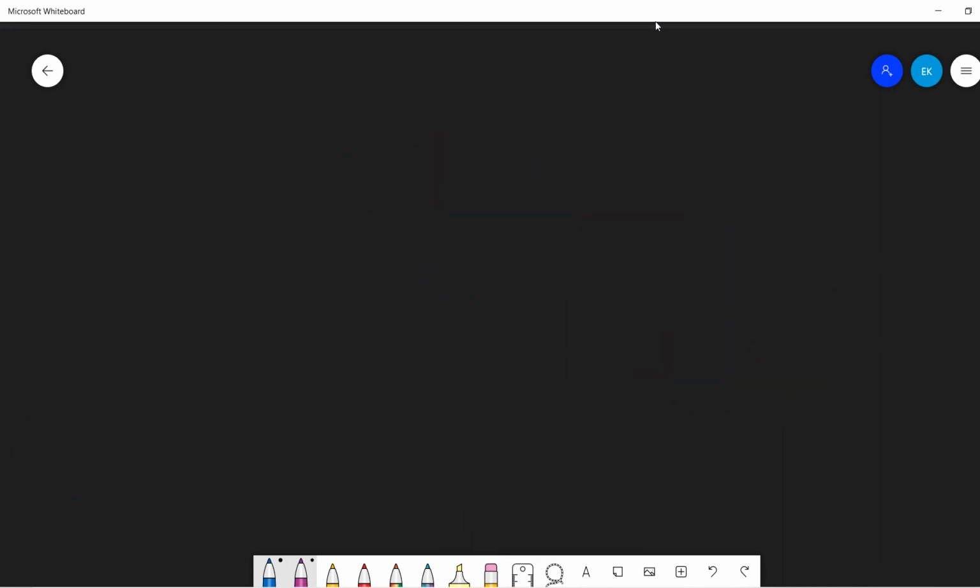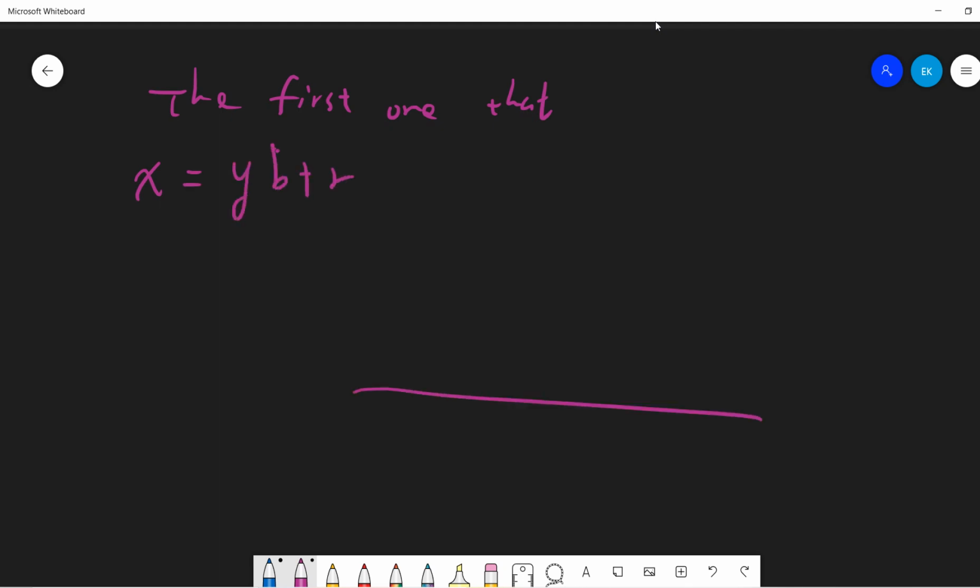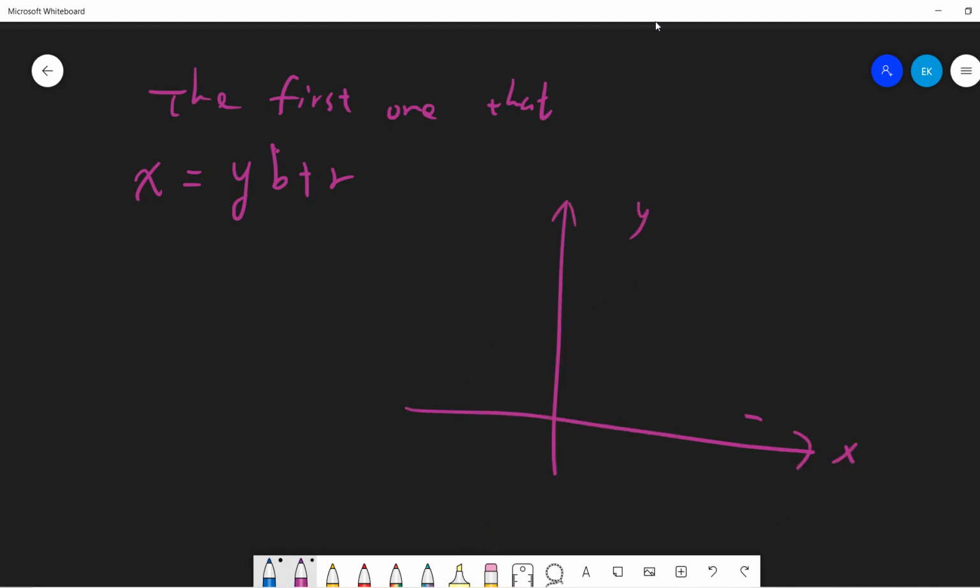Okay, so the first one is that given x and y, you can write down this division. But this can be proved by a geometrical picture, in which you draw the Gaussian integers with 0 here. And then you can draw a circle of radius 1 around each Gaussian integer.